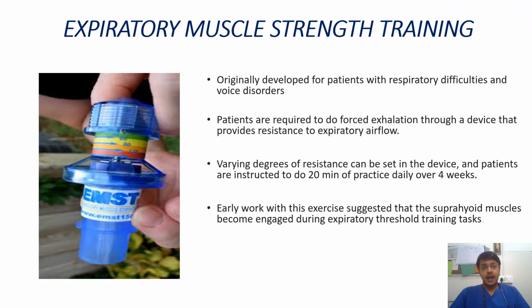EMST, which is expiratory muscle strength training, is a device that helps in strengthening the breathing muscles and the expiratory flow. Various degrees of resistance can be provided against expiration, and it has been observed that it also helps in strengthening the suprahyoid muscles, which in turn will improve the swallowing outcomes for our patients.